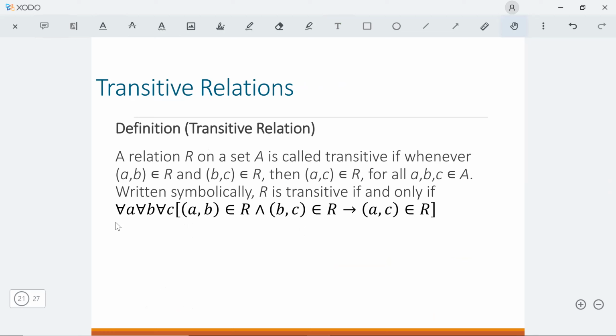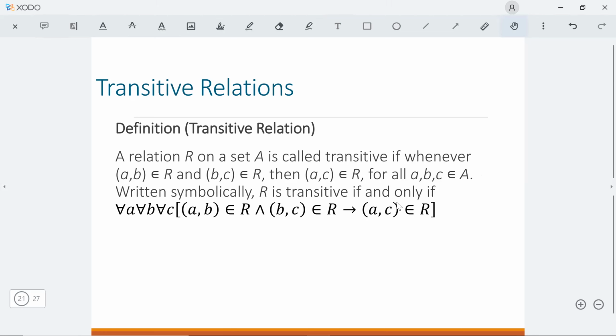Again, we denote our relation as R, defined on our set A. If (A, B) and (B, C) are both in this relation, then we should find (A, C). We link A and C by B. If (A, C) is also in this relation for all values in our set, then we say this is a transitive relation.